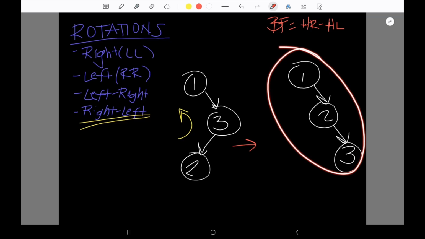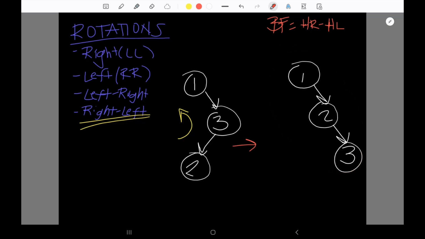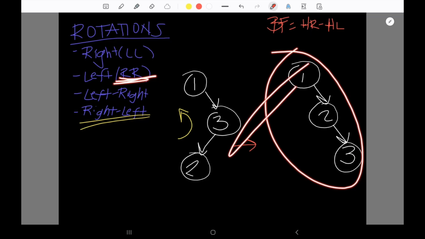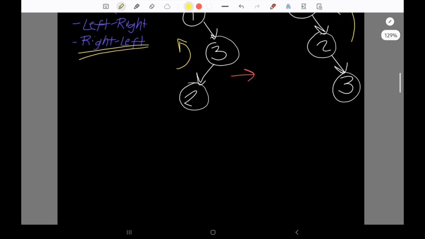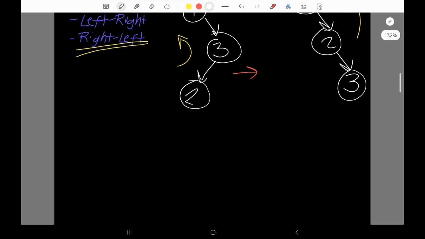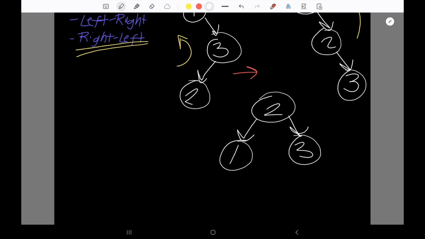So as you can see, guys, the right subtree is taller than the left subtree. So we're gonna do a left rotation. If we do a left rotation, 2 now becomes the root here. So 2, and we're gonna put 3 here because it is greater, and 1 here because it is lesser than 2.